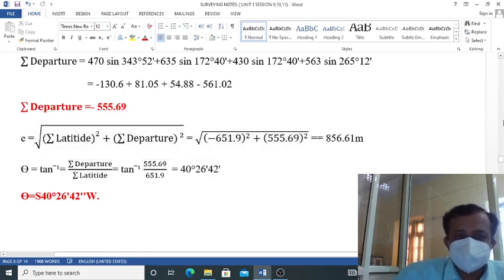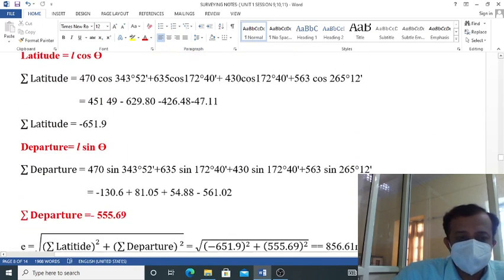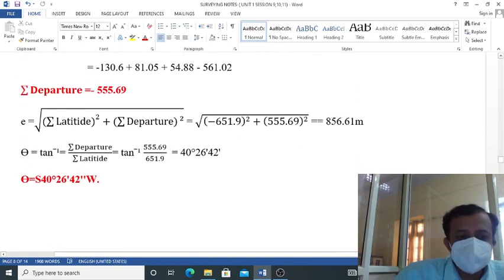Both sigma latitude and sigma departure are negative, hence it comes under the third quadrant.